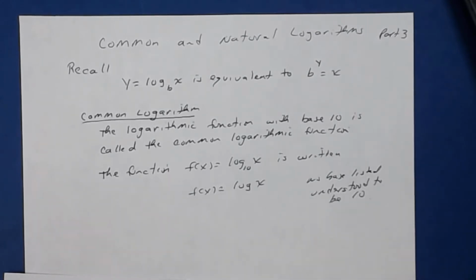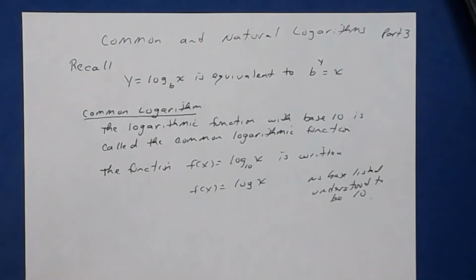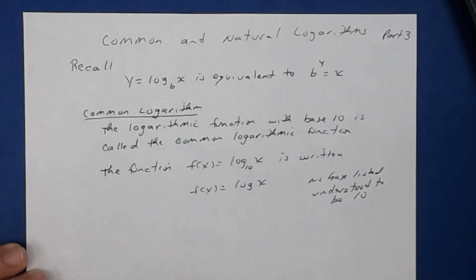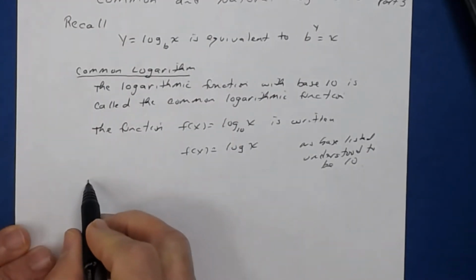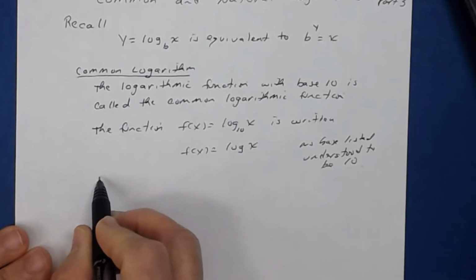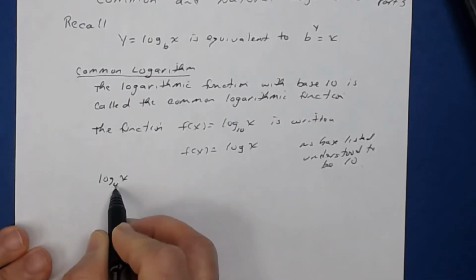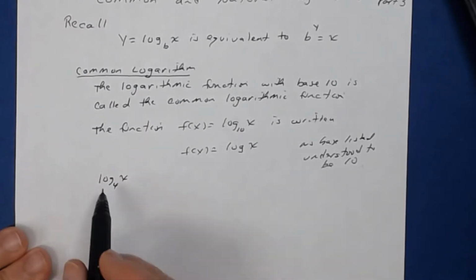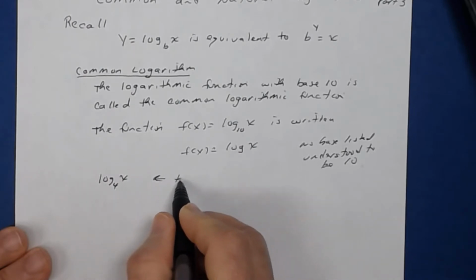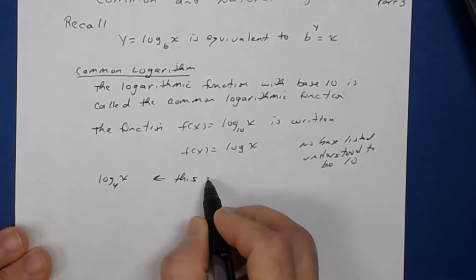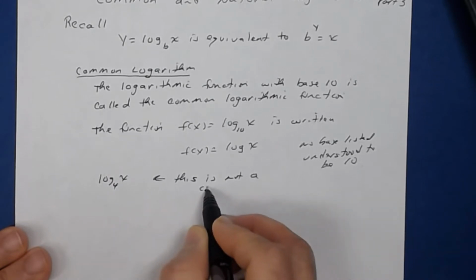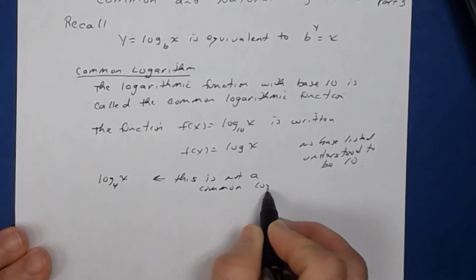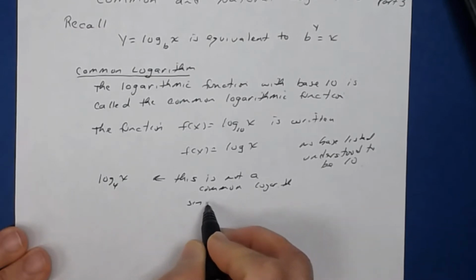Now let's look at some other properties with this. A couple of things you've got to remember. If we look at this log of x with this base, is this a common logarithm? No, this is not a common logarithm, since the base is not 10.